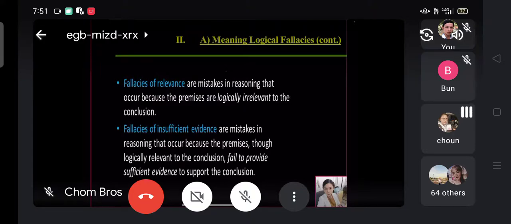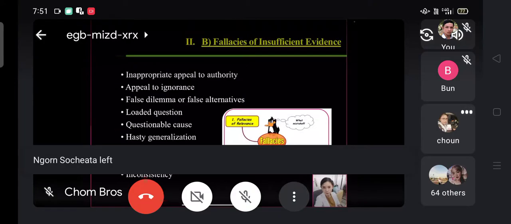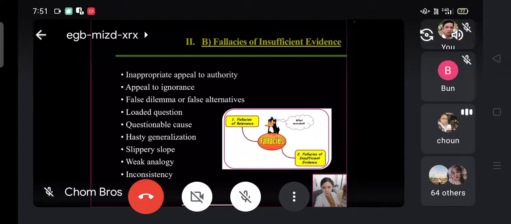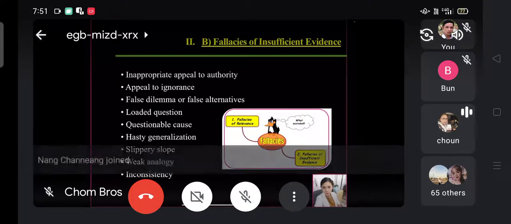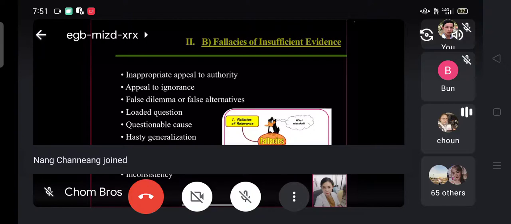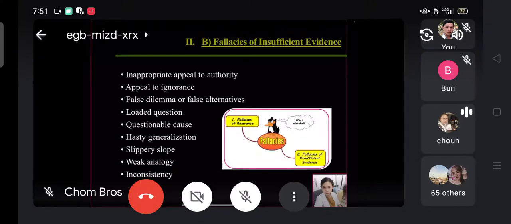Okay, please move to the next slide. This is where we talk about fallacies of insufficient evidence. Actually, my group raised 9 points. First point, inappropriate appeal to authority.